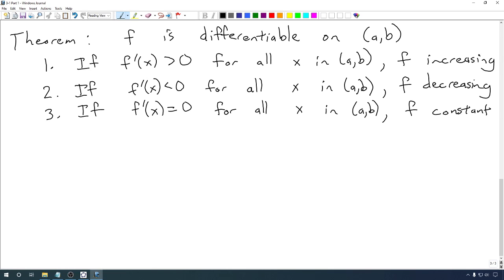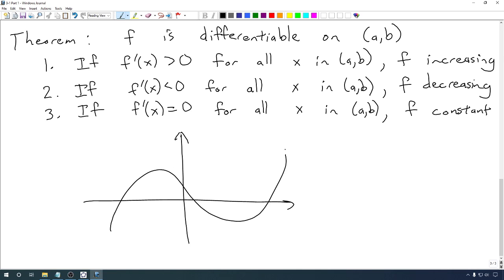Now, it should be fairly easy to see exactly why this is true. Think about some function that we have. We have something going on like this. What does it mean to have a positive derivative? So say at this point here, would the derivative be positive or negative? Well, it'd be positive because the slope of our tangent line is positive.